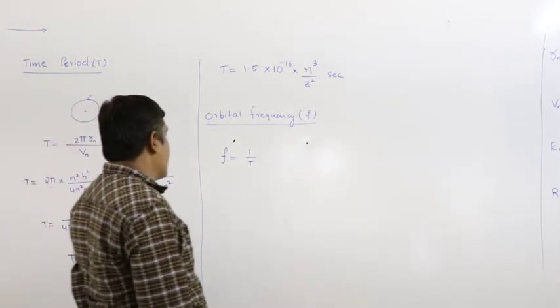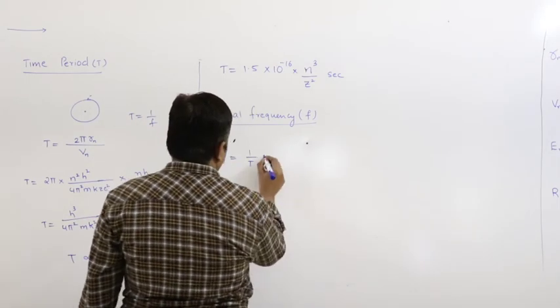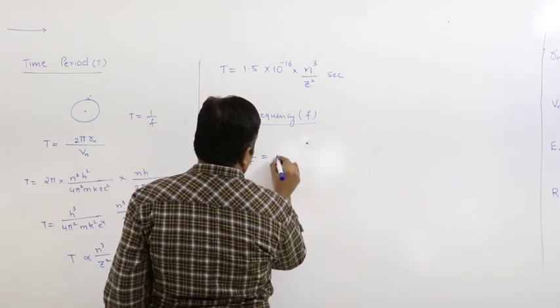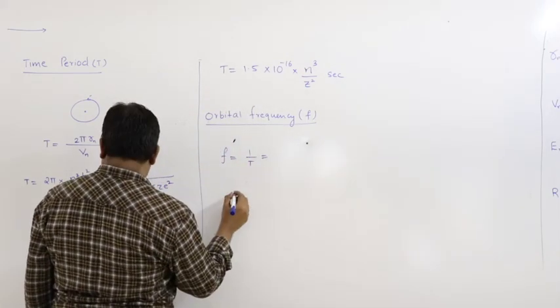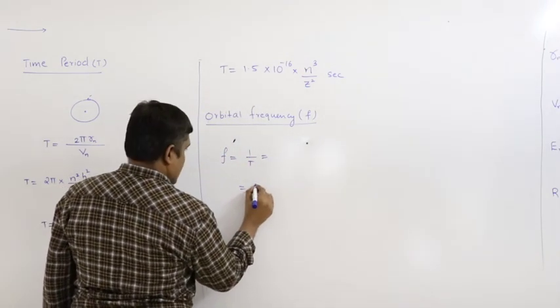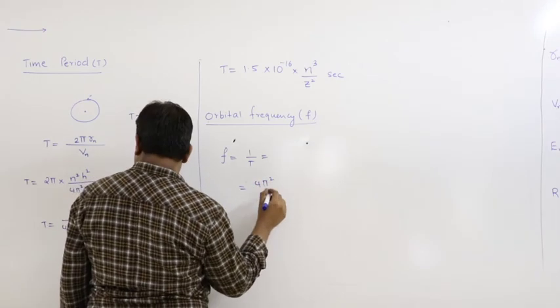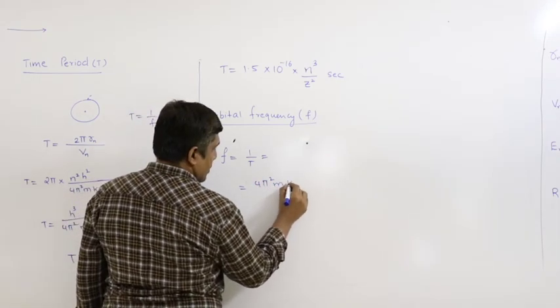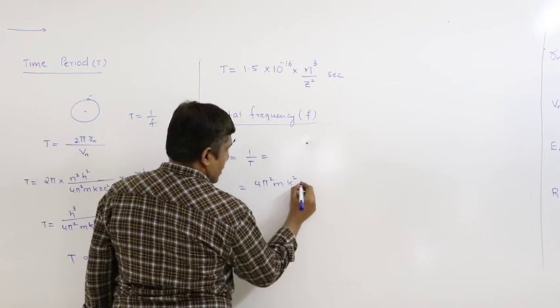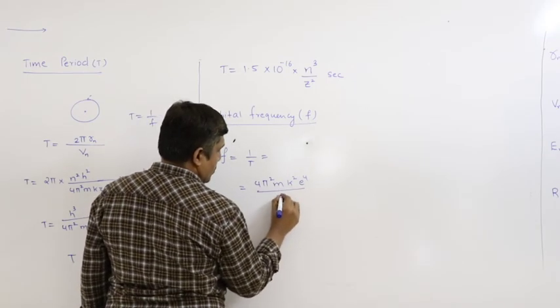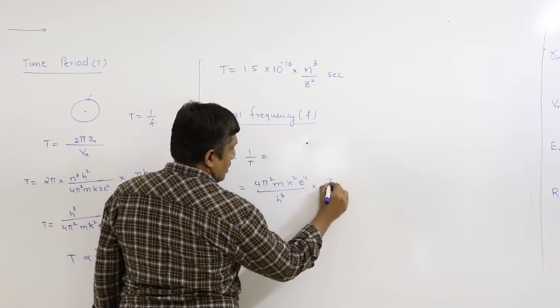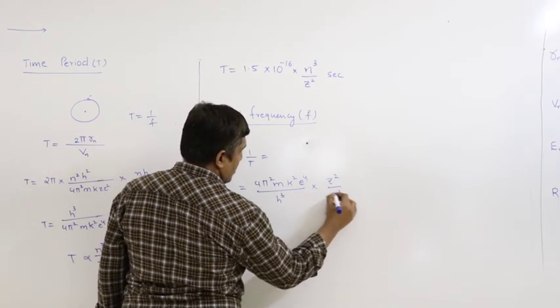Now from this you can directly write, or it is actually velocity by circumference. This is velocity by circumference, and if you simplify that you will get the answer. So here it is 4 pi square m k square e power 4 by h cube into z square by n cube.